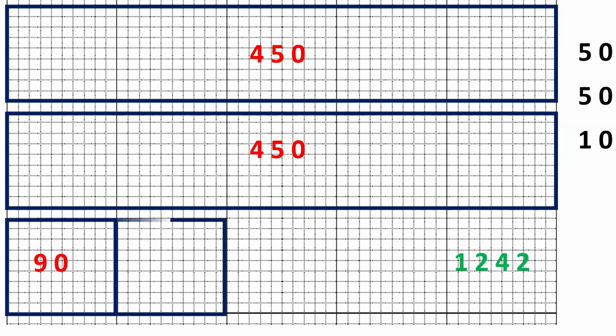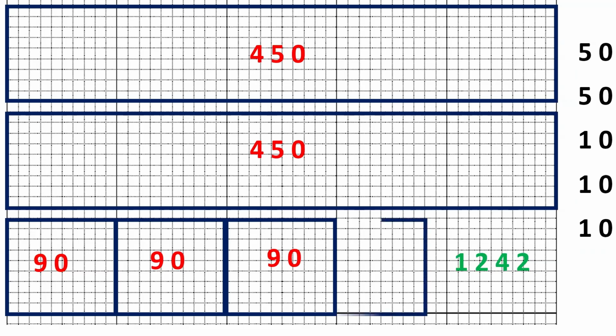Let's do another 10. So that'll give us another 10 groups of 9. And then we could get another 10. So it really means an addition question here. So we had 450 and 450, 990, 1080, 1170. We're almost there. 1170. So what is missing is 72 of them.